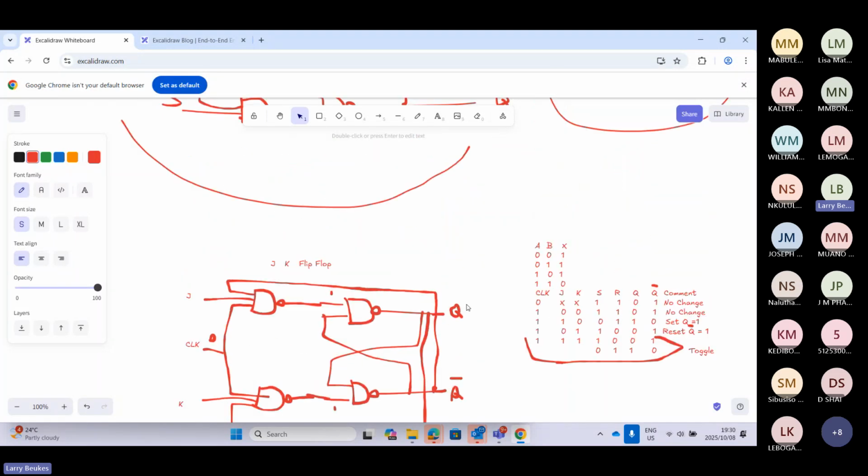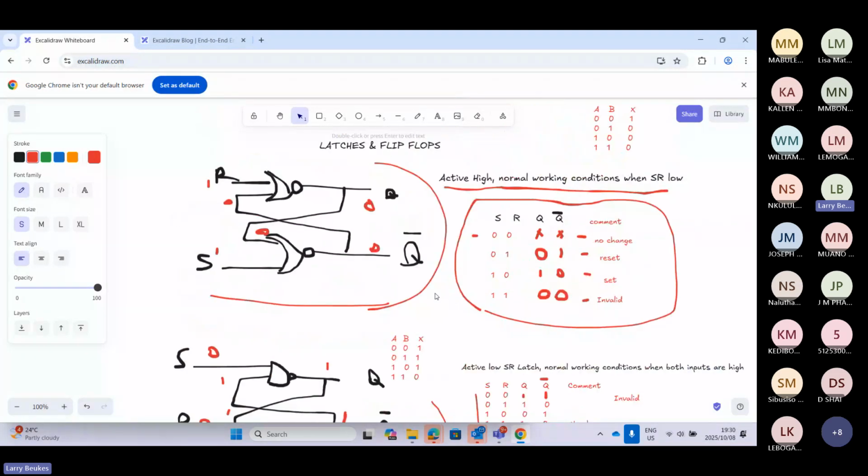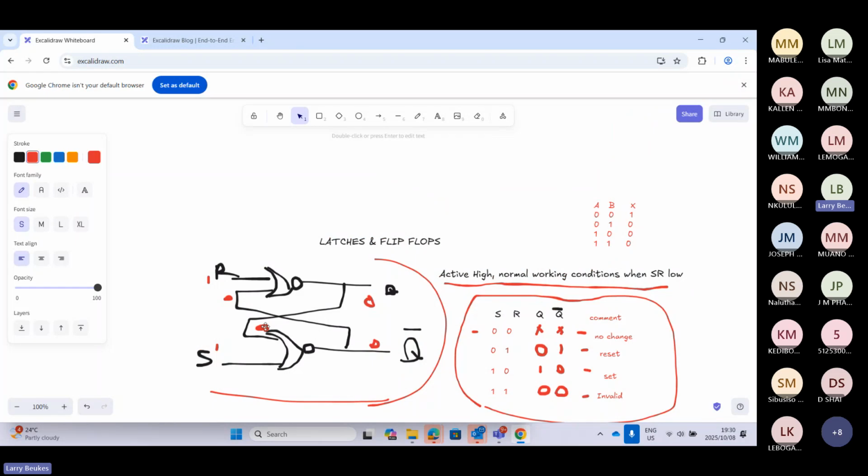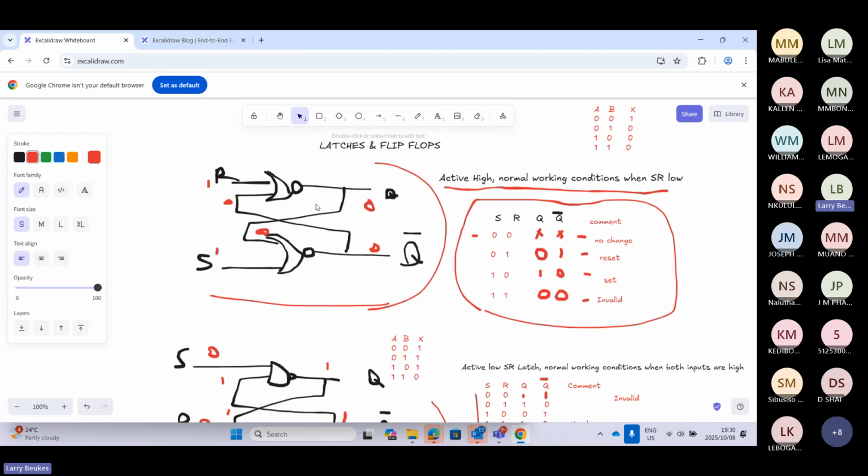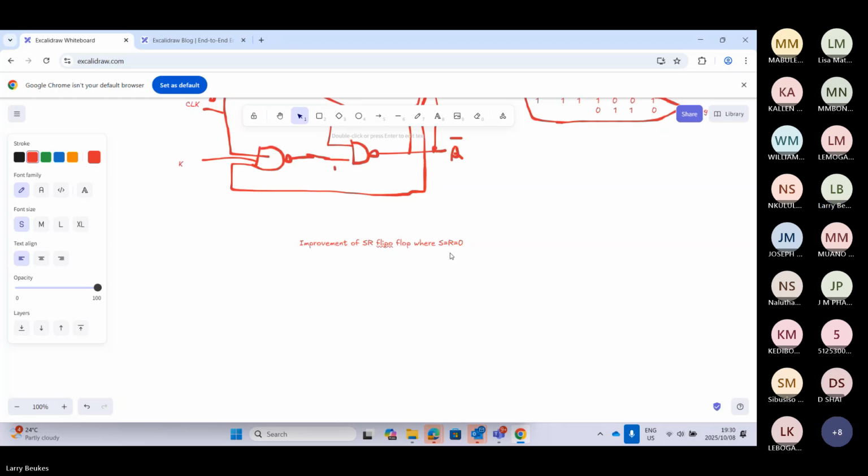But if you were drawing the JK flip-flop using this, you will say when S and R equal 1. So remember the difference between the active low and the active high, right? But it fixes this problem.